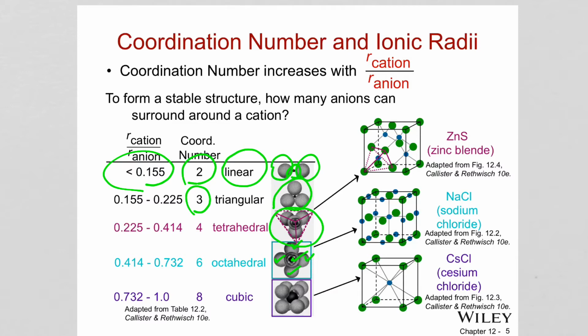And you should look at your book because they have colorful images in that. So this is black and white, so you can also visualize better. The most common coordination numbers for ceramics: 4, 6, and 8.